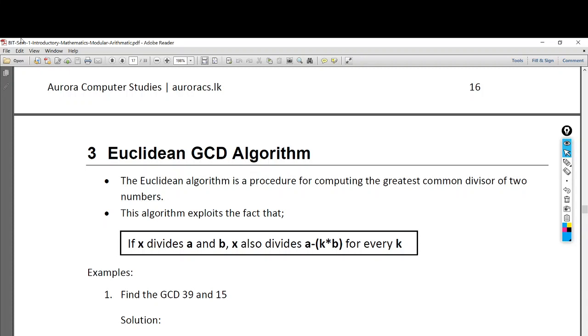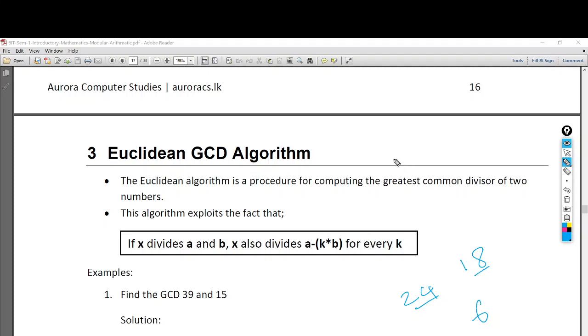Of course, finding GCD is not a big thing when we have small numbers, right? For example, if someone gives something like 24 and 18, obviously after spending a few seconds, you can say that okay, the answer is 6, because that is the biggest number that divides both 24 and 18, right?